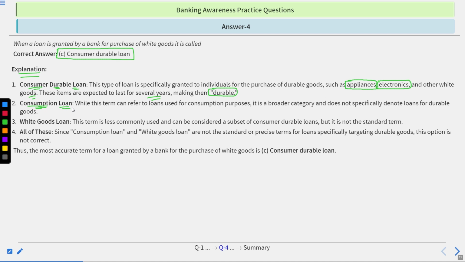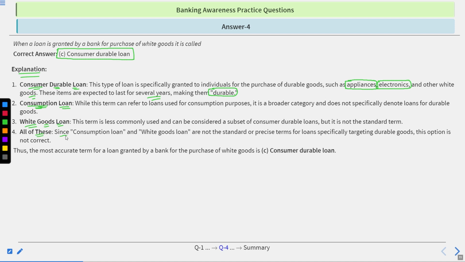Consumption loans. While these terms can refer to loans used for consumption purposes, which is a broader category, it does not specifically denote loans for durable goods. White goods loan. This term is less commonly used and could be considered a subset of consumer durable loans, but it is not the standard term.